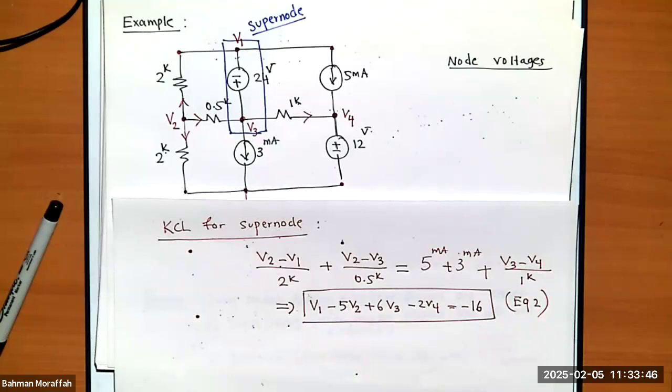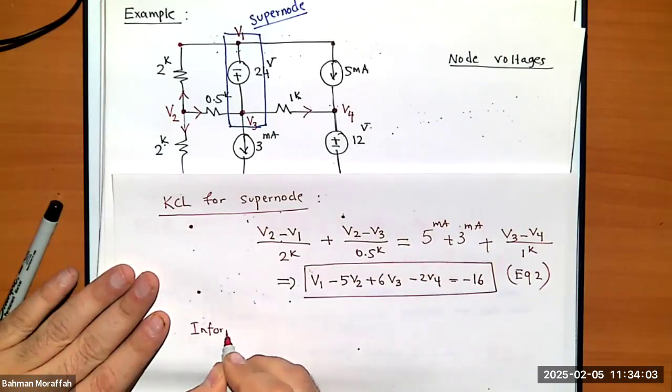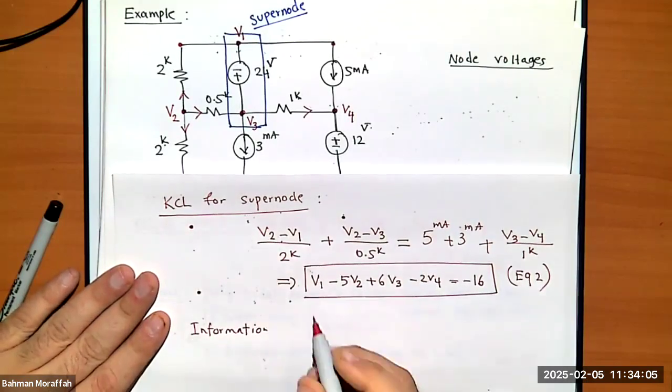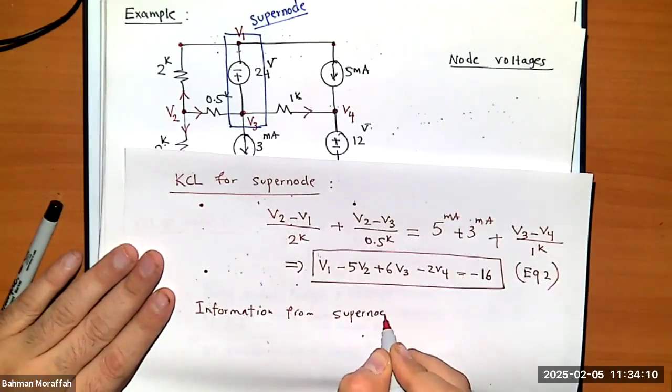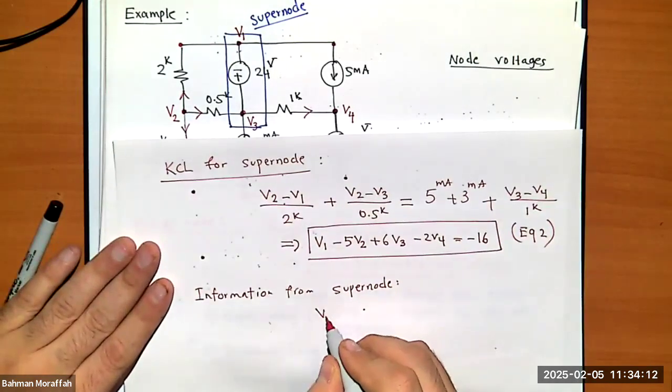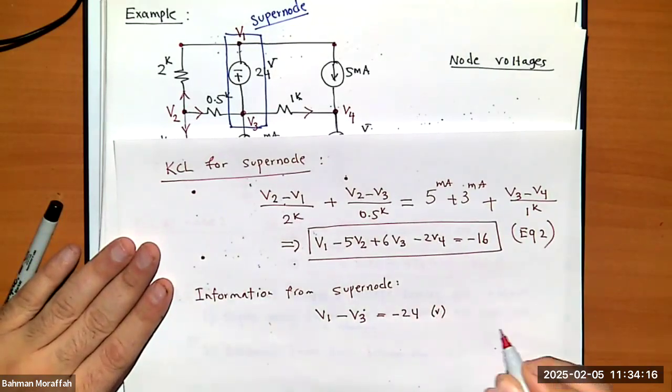What is the potential difference? What is V1 minus V3? Is it 24 or negative 24? It's negative 24 because we hit the negative sign first. So the information from the supernode tells us V1 minus V3 equals minus 24 volts.